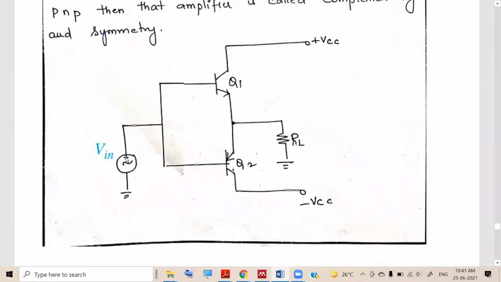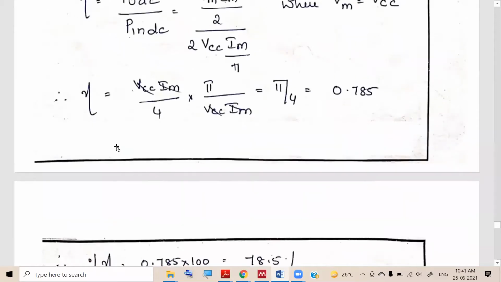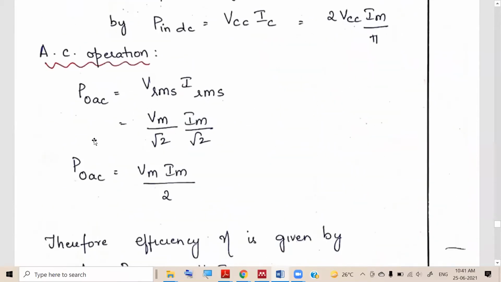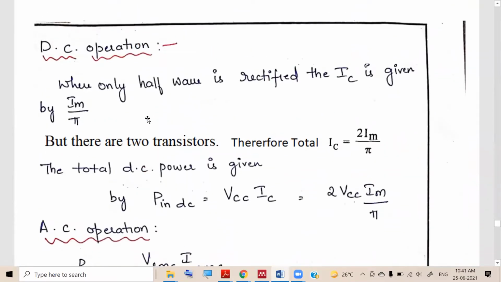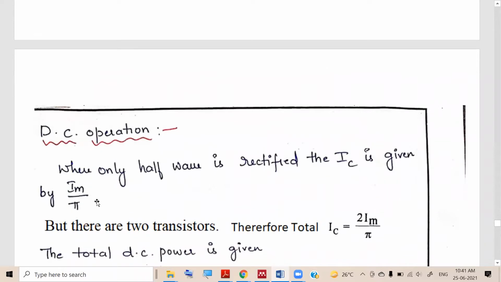I think you have studied that in EDC, right? So the average value of a half wave rectified signal is the amplitude divided by pi. The amplitude so far we are considering as Im, right? So it is Im by pi.